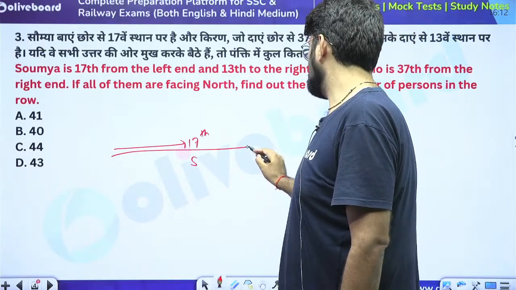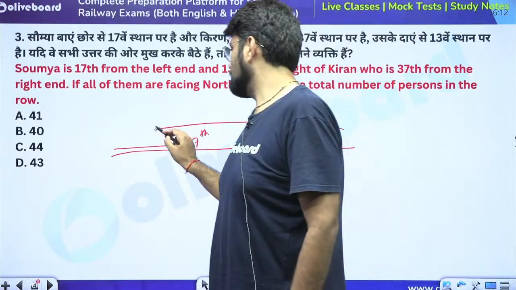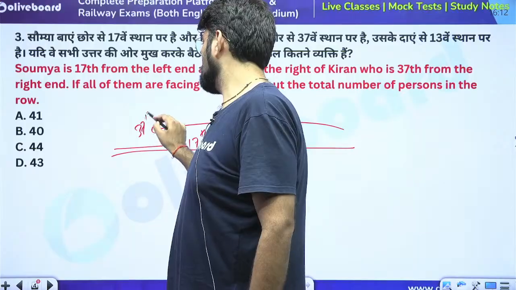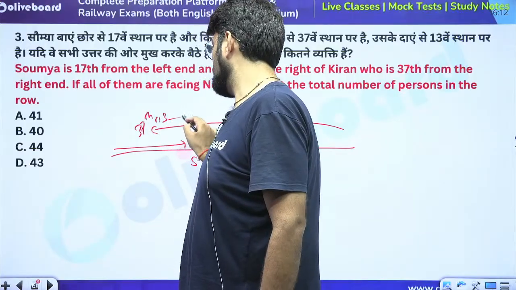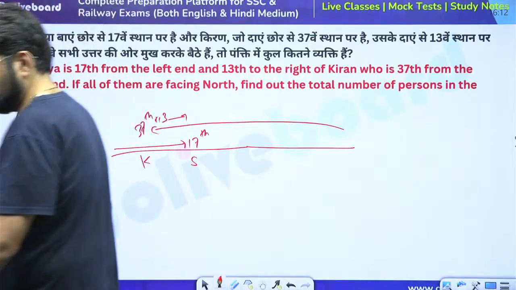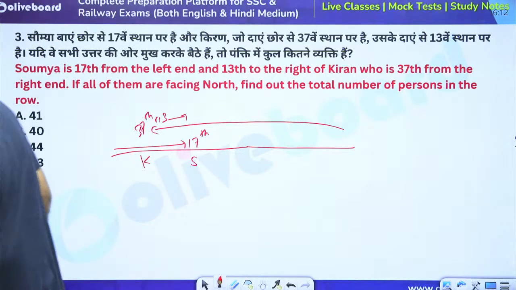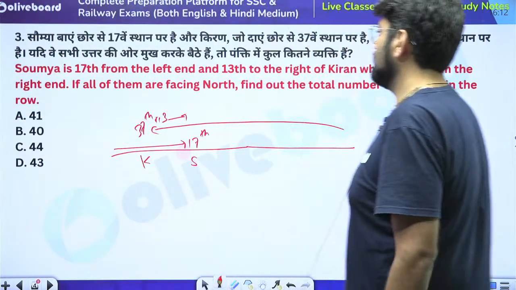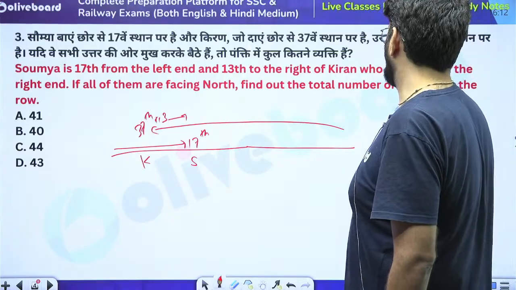So that means Kiran is here, and if I add 13, I'll get Soumya to her right only. This is Kiran. If all of them are facing north, find the total number of people in the group.